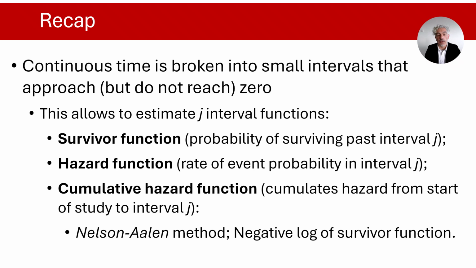So with this strategy, we can calculate the survival function, which indicates the probability of surviving past interval j, the hazard function that represents the rate of event probability within an interval j, and then the cumulative hazard function, which accumulates the hazard from start of study to interval j. And I mentioned the Nelson-Aalen method as well as the negative log of the survival function.